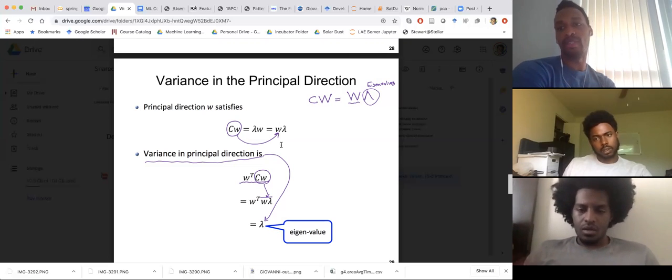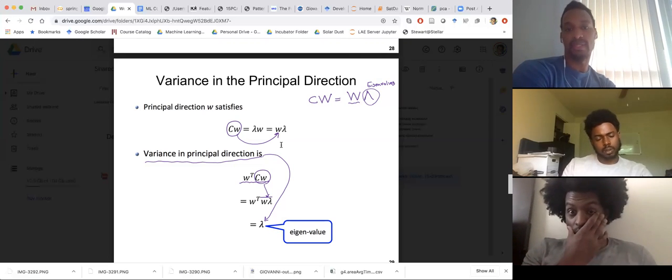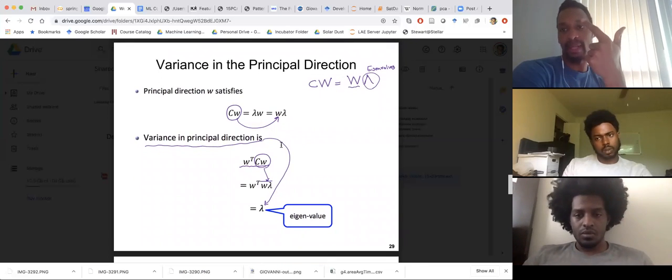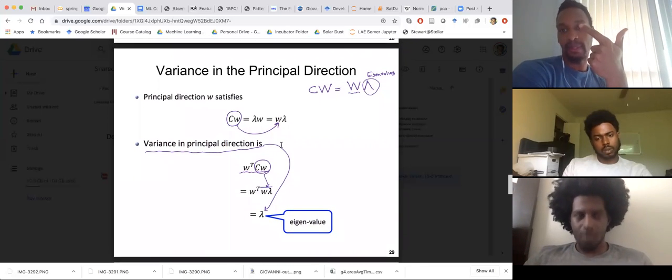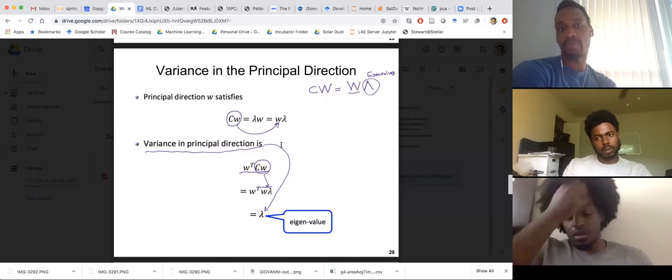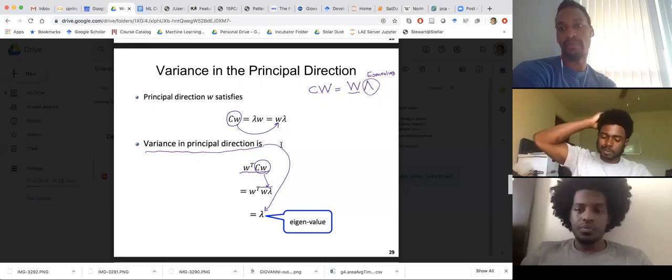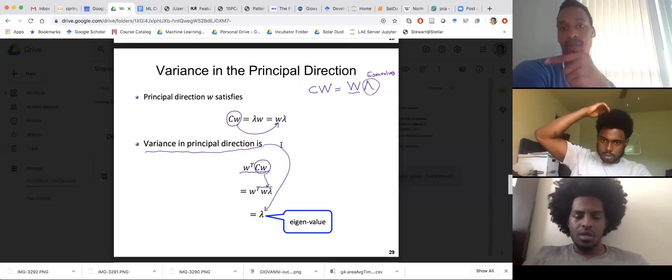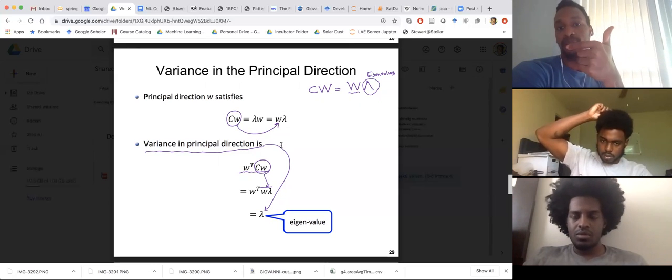And when we solve this eigenvalue problem, for each eigenvalue we also have an eigenvector, right? So the principal direction W is going to be the eigenvector, a vector with some direction, that corresponds to the largest eigenvalue.